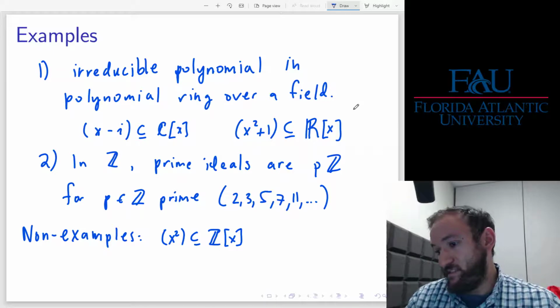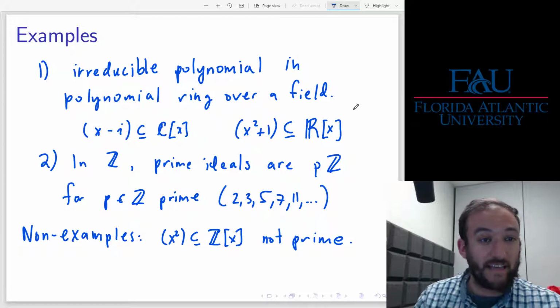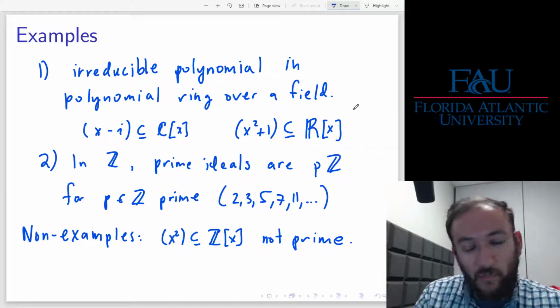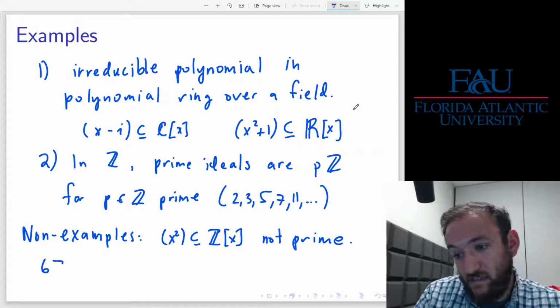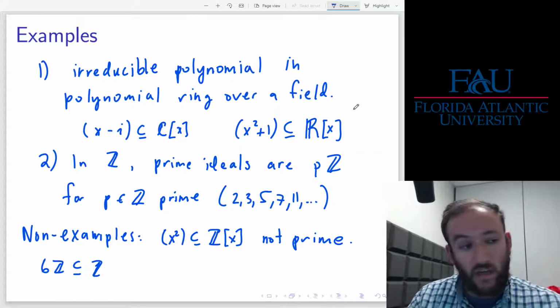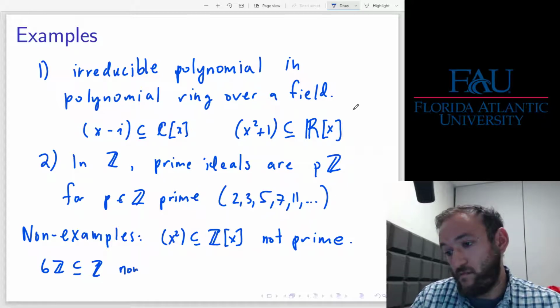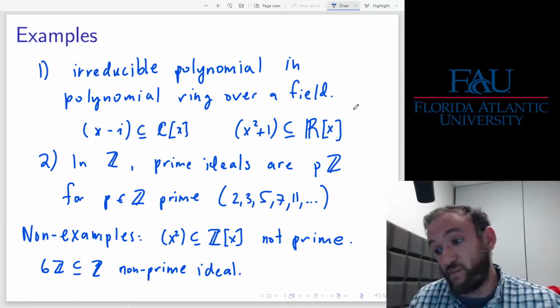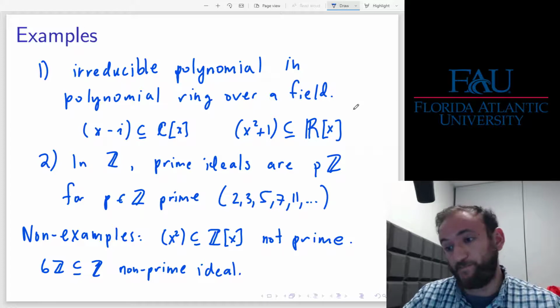So that means that this is not prime. Equivalently, the quotient by x squared has a zero divisor, which would be x. Any composite integer, for example 6, gives us a non-prime ideal, because after all, 2 times 3 is 6, but neither of those are in the ideal generated by 6.